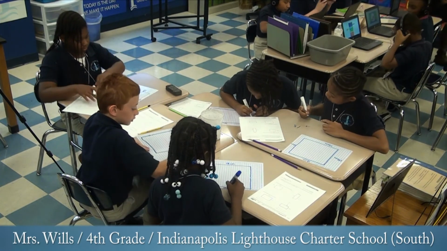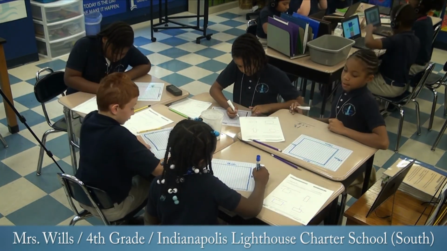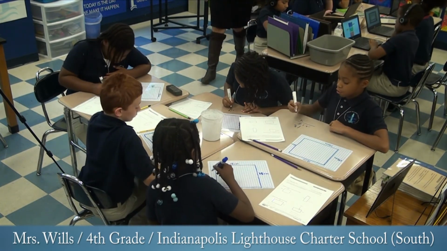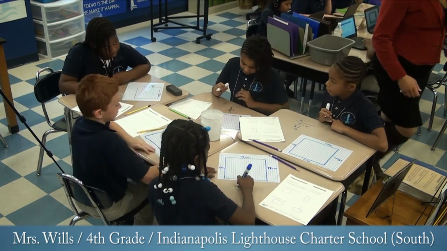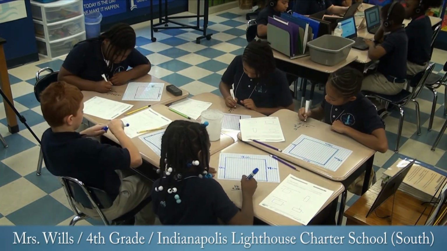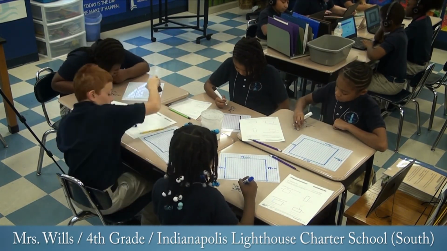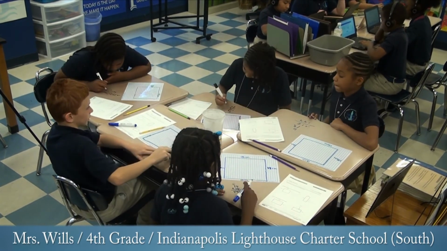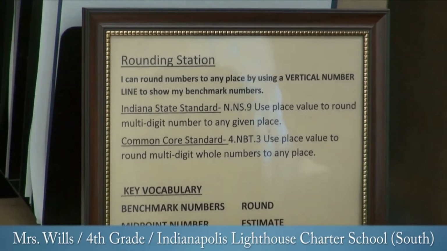Let's do it on our desk. 8 times 8, 64. Drop the 4. Carry 6 to the 10. 8 times 1, 8, plus 6, 14. Drop the 4. Carry the 1 to the 100. What's your answer? 74. Good job.